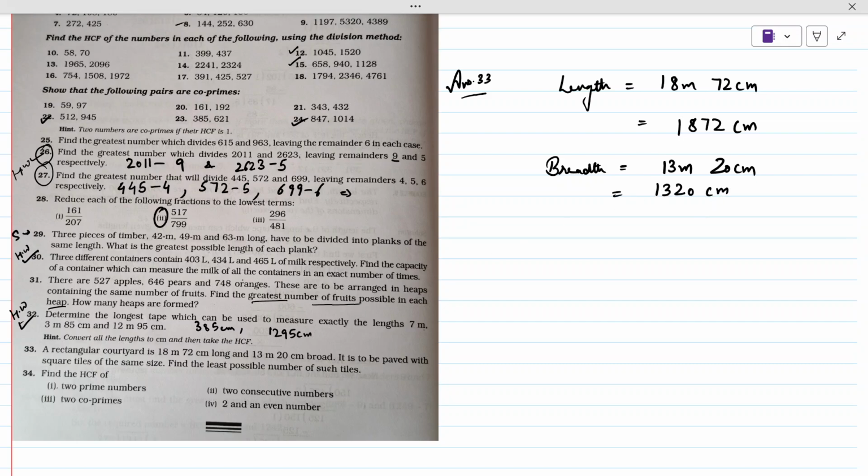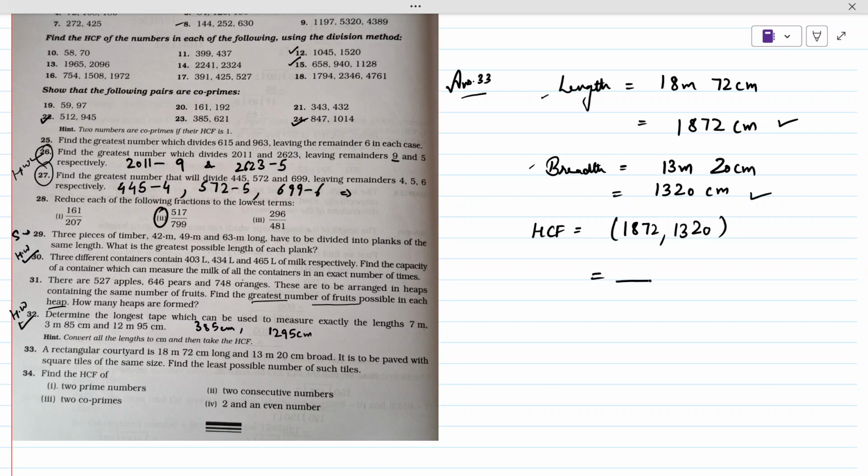And now it is to be paved with square tiles of the same size. So we have to find their HCF. The HCF will give us the maximum length of the tile which can be put across the length and the breadth. So we have to find the HCF of these two numbers.